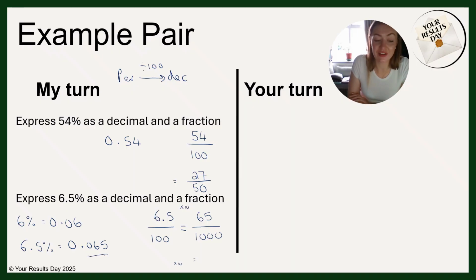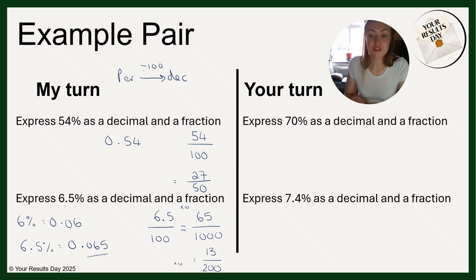So you can think of it like that if you don't want to write it with the decimal at all. Either method is fine. But then if you come to simplify this, they are both divisible by 5, which would be 13 over 200. Once more, pause the video so you can have a go at this set of questions and hit play when you're ready to see the solutions.